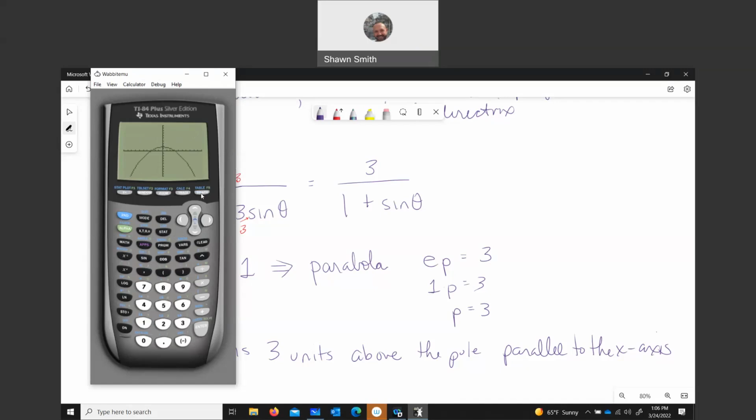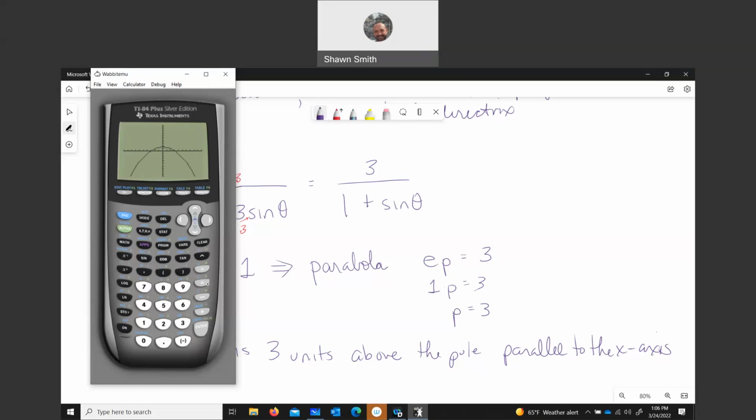If there's a parabola, you can see the pole right here, so my focus is in here, and my directrix is outside of that. So it would be parallel to the x-axis, above, so it makes sense. Quickly graphing it, you can verify where it would be.